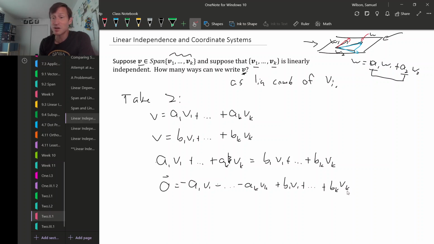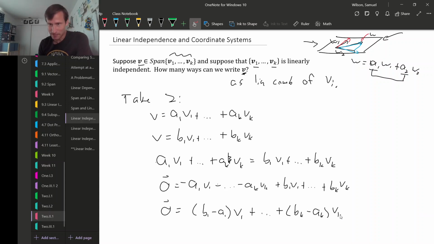And now we can start combining terms. So the 0 vector is b1 minus a1 times v1 plus dot dot dot down to bk minus ak all times vk.